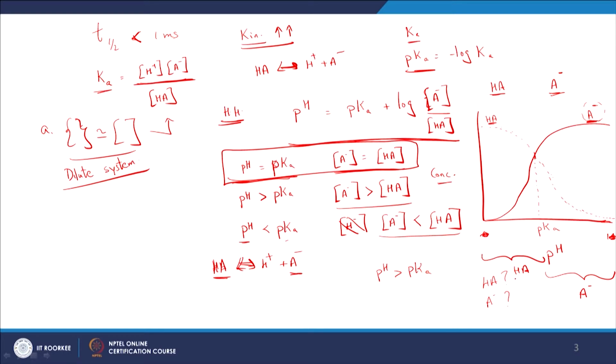What does that mean now in practical terms? Let us say I take a particular acid, the example of acetic acid, CH3COOH, and I know that its pKa is around 4.7, I believe. Do not take my word on that, let us go with that value for now. So, let us draw a figure and look at that case.